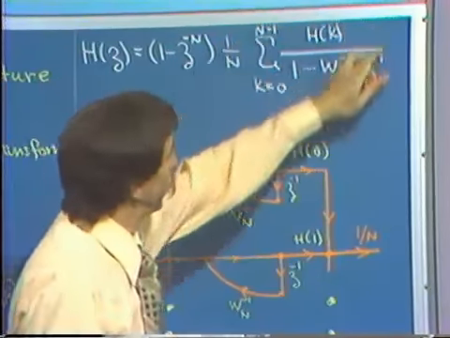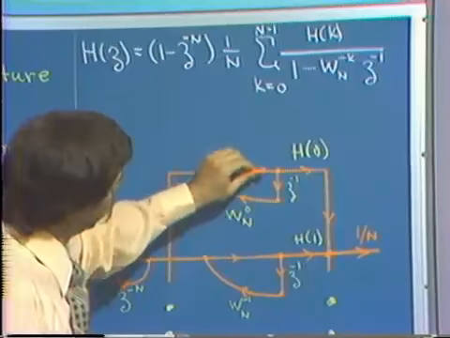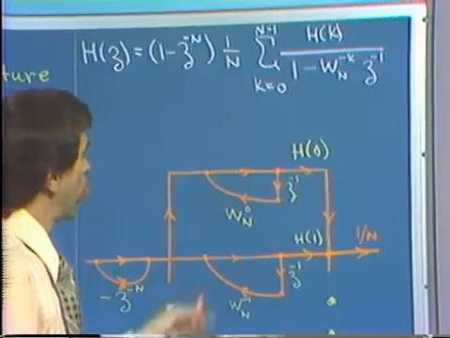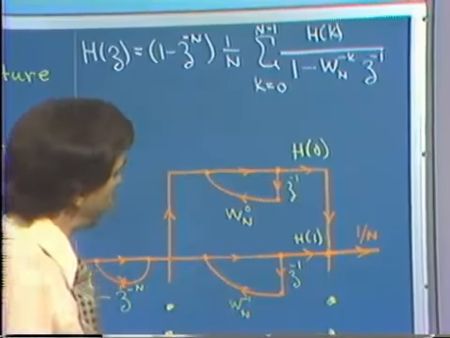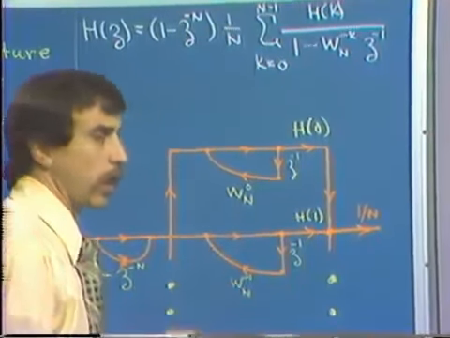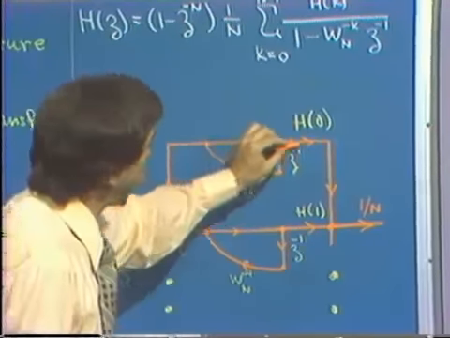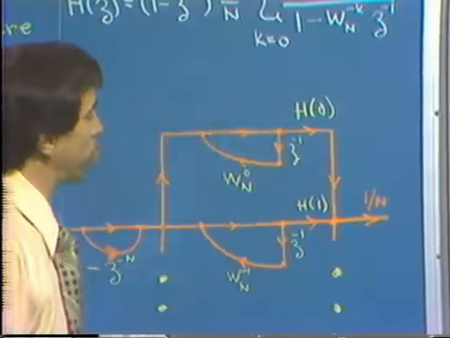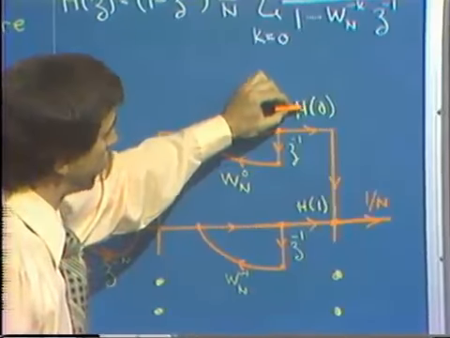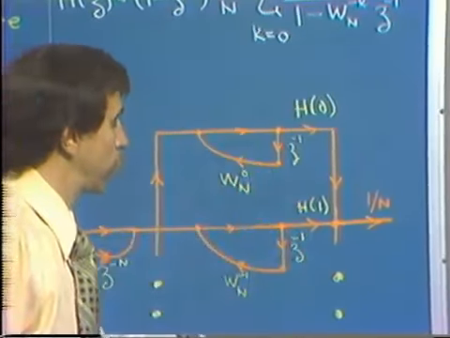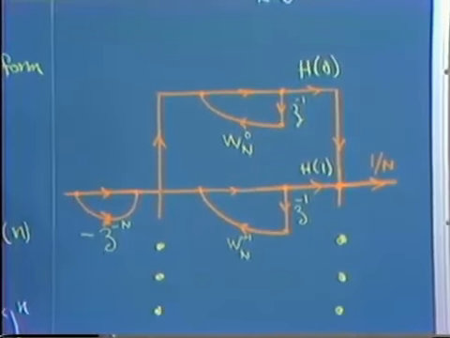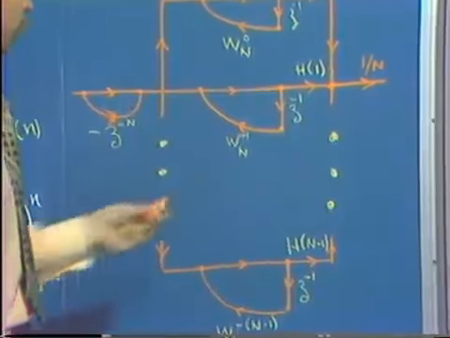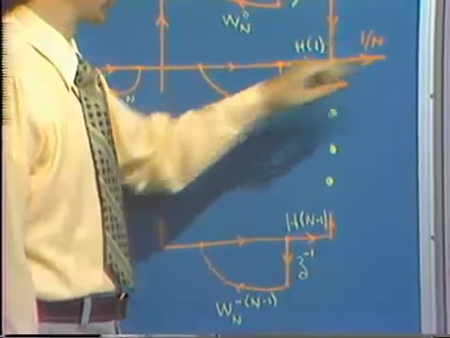So the system that implements this sum is then a parallel combination of first-order poles where the coefficient in the feedback path is W sub N to the minus k, and the gain in the forward path, which can be placed either before or after the pole, are the frequency samples H of 0, H of 1, down through H of N minus 1. And then, of course, we have the gain of 1 over capital N, which has to go someplace, and for now, let's just leave it at the end.